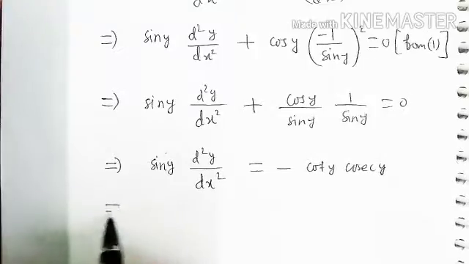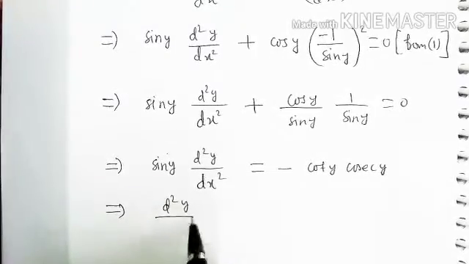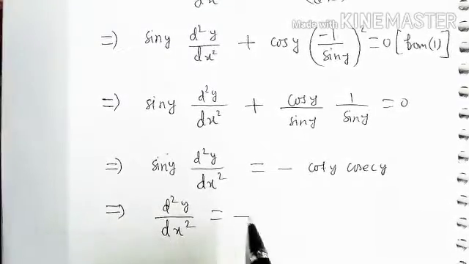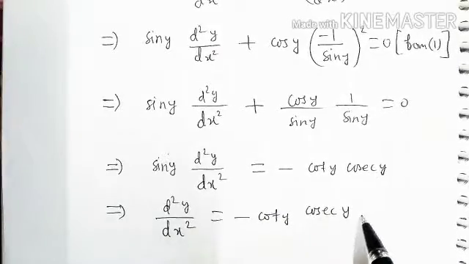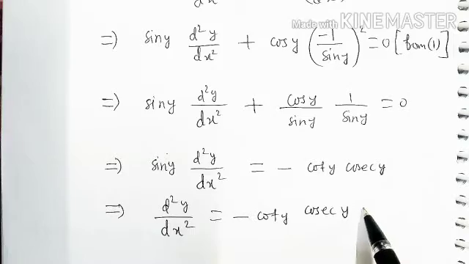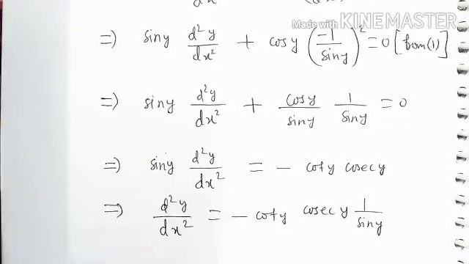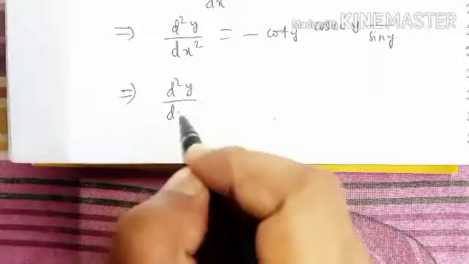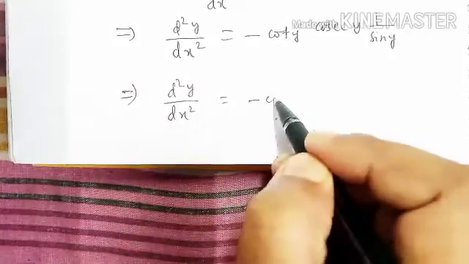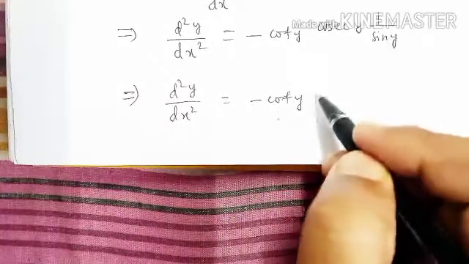This implies that d2y by dx square is equal to minus cot y, and here 1 by sin y comes, so cosec square y.